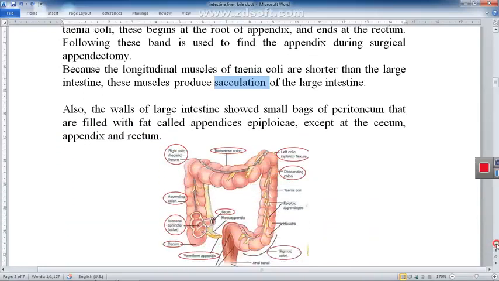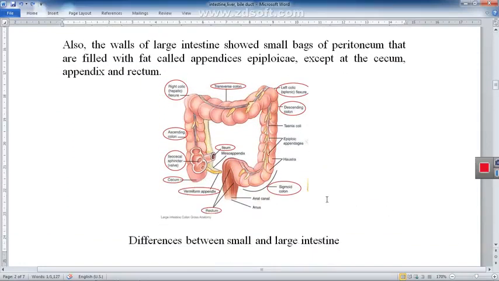Also, you can see that the wall of the large intestine shows many bags of peritoneum, or sacs of peritoneum, that are filled with fat, and these are called appendices epiploicae.